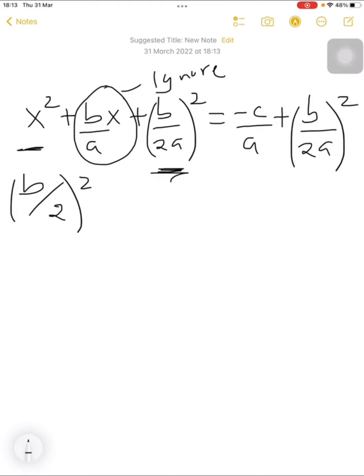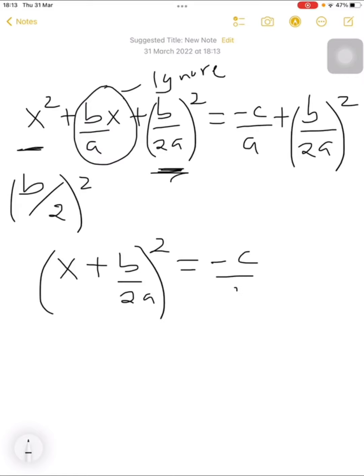You can see x as a square, b all over 2a as a square. And what we are going to do is we will take x, then we add b all over 2a, and the two we put them under the same square. Alright? Okay, then is equal to minus c all over a plus this one we can square. We have b squared all over 4a squared, right?